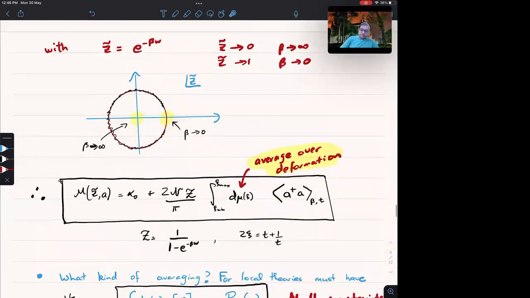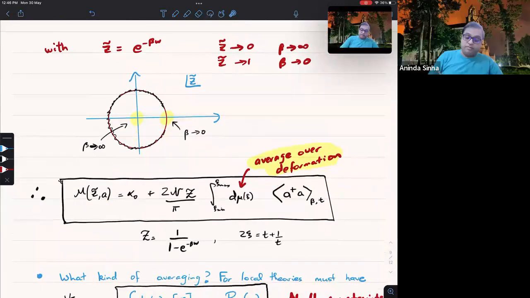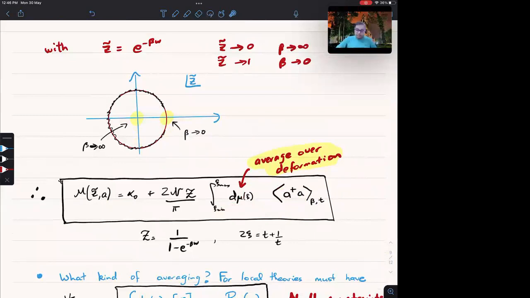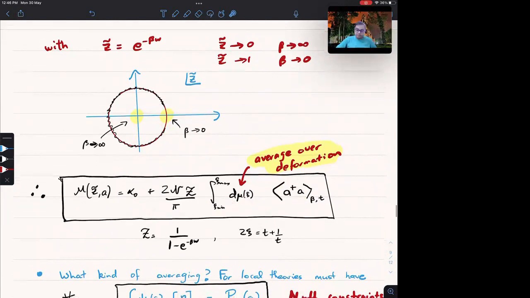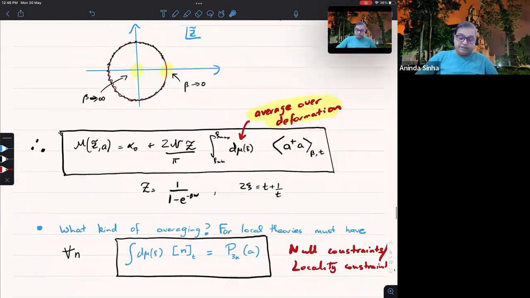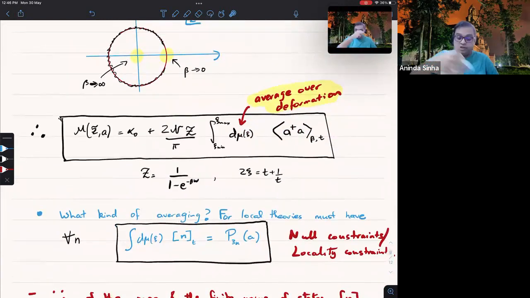And then you can write down that the amplitude is simply the partition function times this average of the 2-point function, or the thermal 2-point function. Okay, so this is a map from the dispersion relation to this Q deformed harmonic oscillator.